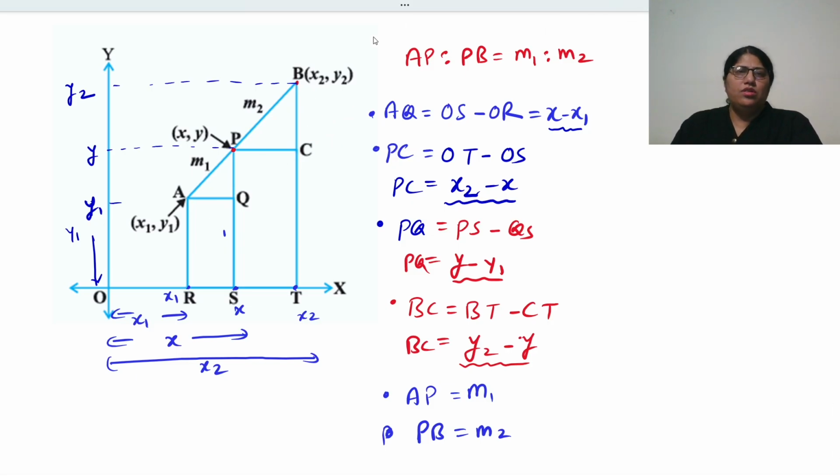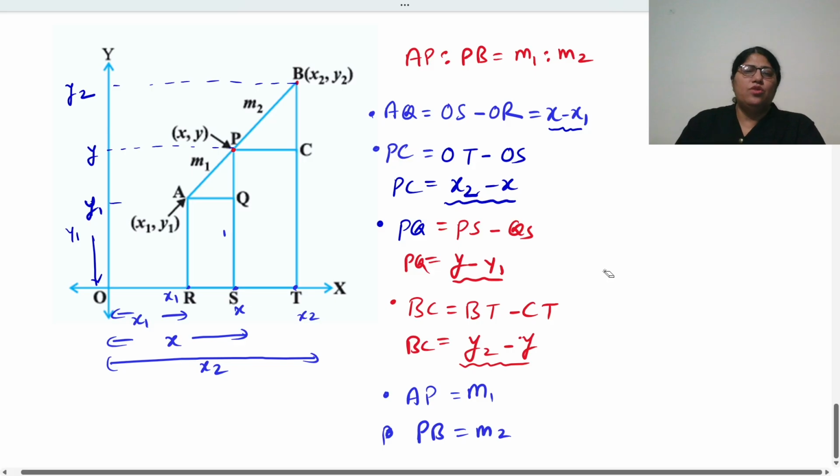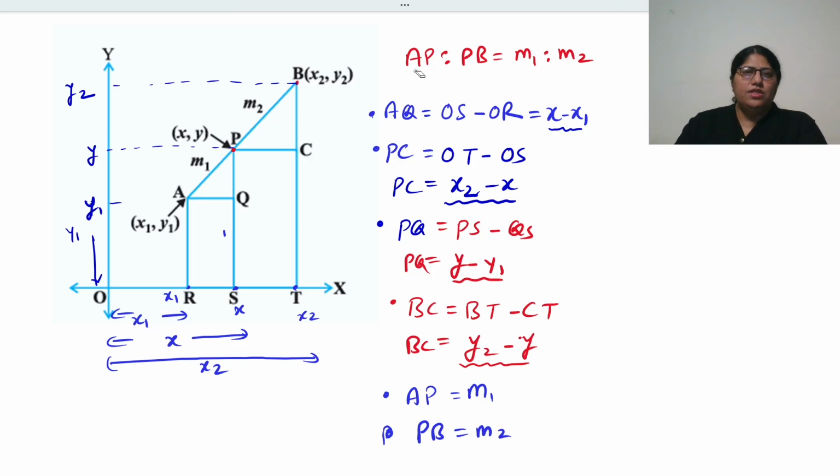Now, this formula derivation is based on similarity. If you see these two triangles, because this is perpendicular, this is 90 degrees, and if I extend this, these two lines are going to be parallel, so this angle is equal to this angle because they are corresponding angles. Now, the correspondence: A corresponds to P, Q corresponds to C, and P corresponds to B also.